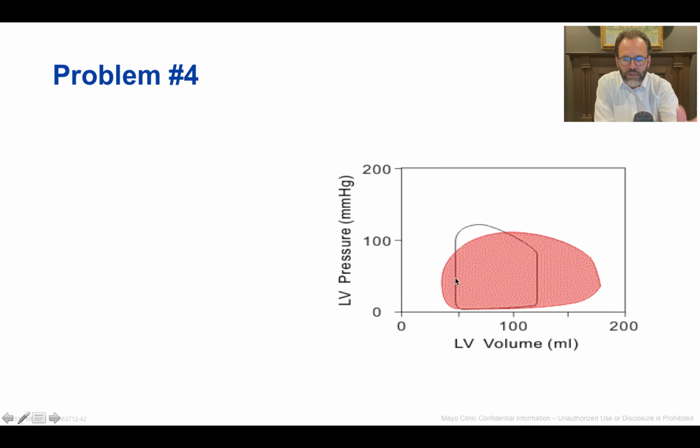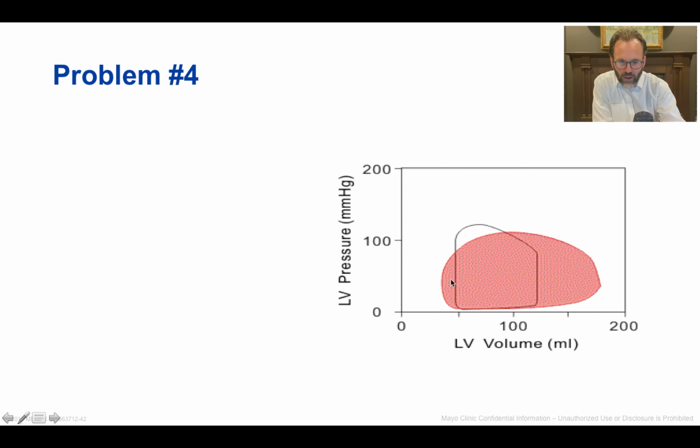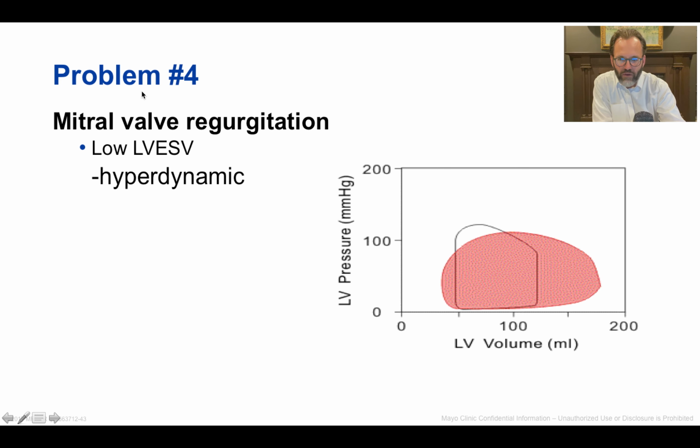So it's not really isovolumic anymore. Fundamental difference here being, of course, when we look at it compared to our previous one, well, here we have a relatively, not a normal, but not a very low left ventricular operating volume during systole, whereas it is substantially lower here in this example. And so this would be an example of mitral valve regurgitation.